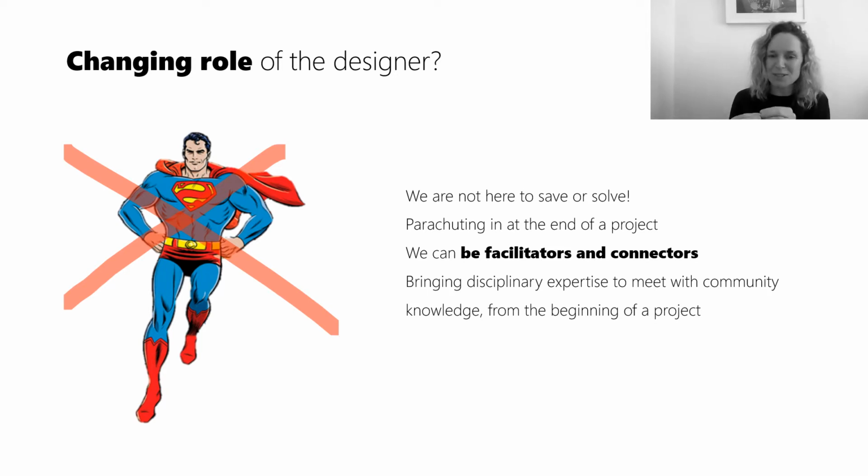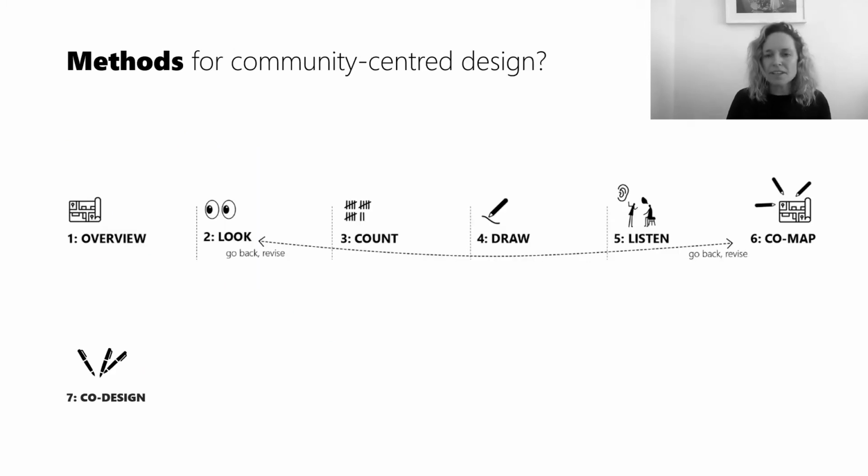And so that's what this course is all about, trying to teach those ways of thinking and those types of processes in the context of the built environment. And what we're trying to do is enable in each of you some methods for the research and design phases of a project that allow for community-centered approaches to thrive.